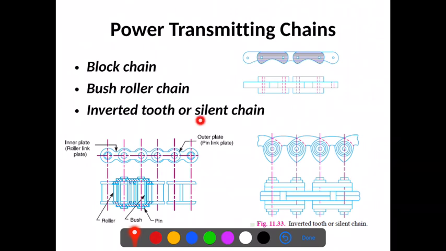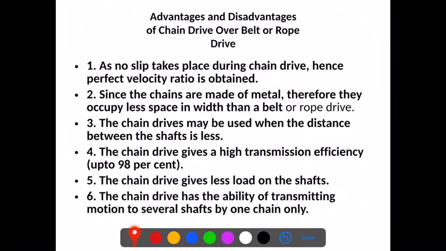Apart from that, this chain is very silent in operation. These are the two advantages of the inverted tooth or silent chain.